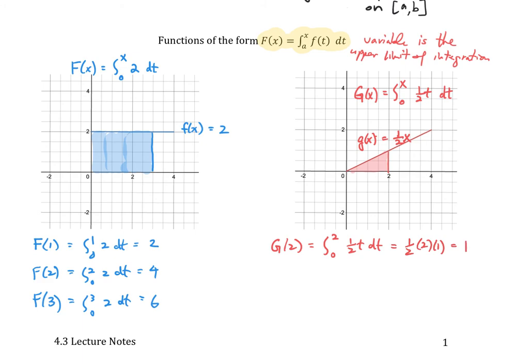Let's calculate g of 4 next. So in this case, we're going to integrate from 0 to 4, 1/2 t dt. So I'm going to come over here. I'm going to erase my little line. I'm going to go all the way to 4 and let me shade all of that area.